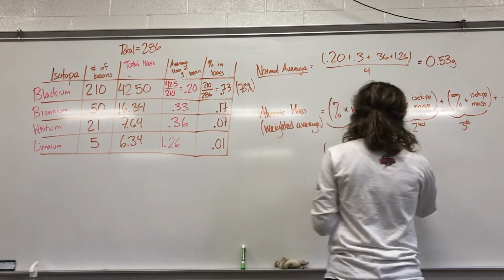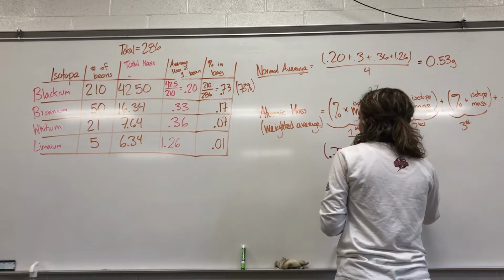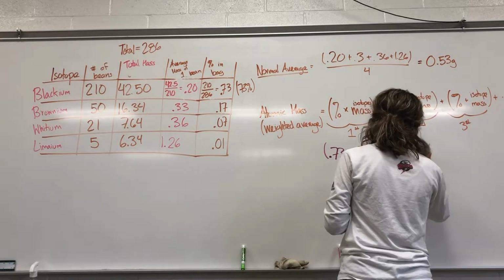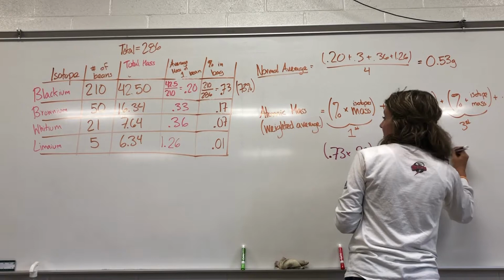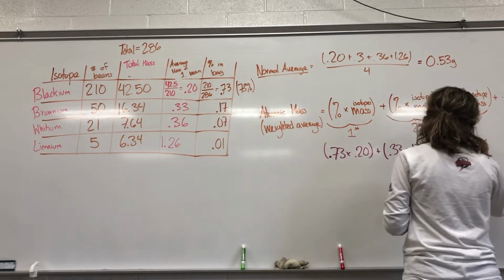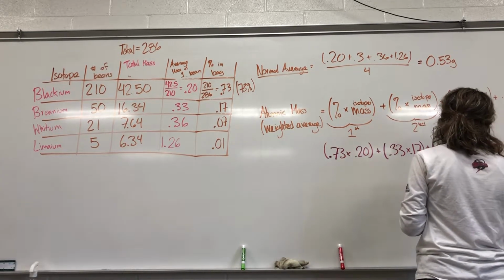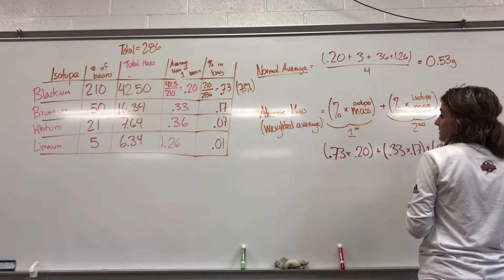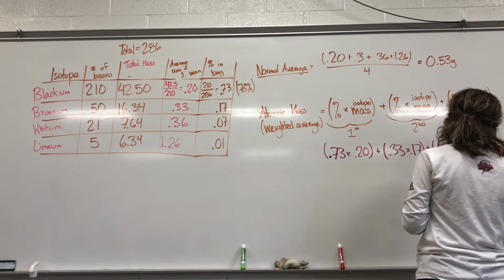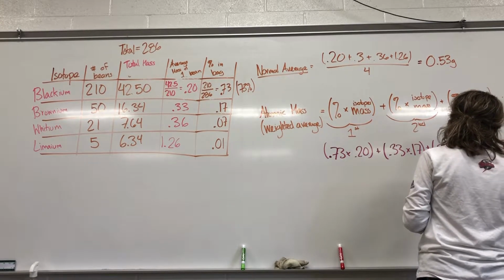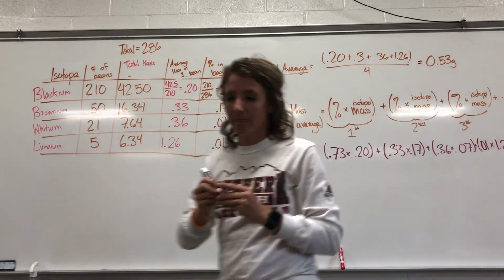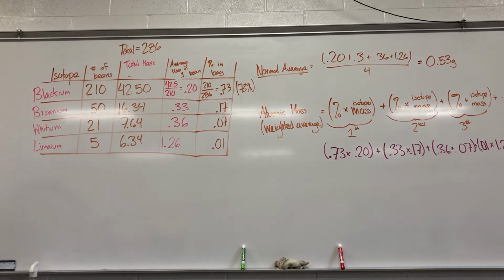I would write 0.73 times 0.2, 0.33 times 0.17, 0.36 times 0.07, plus 1.01. Plug that all in and let's compare it to what our true average was.